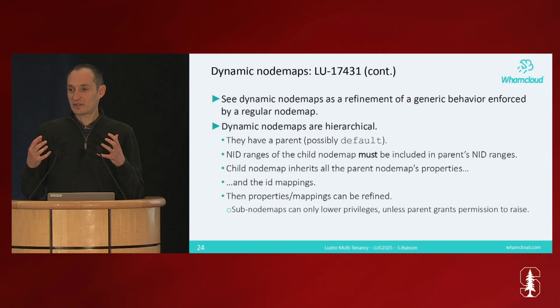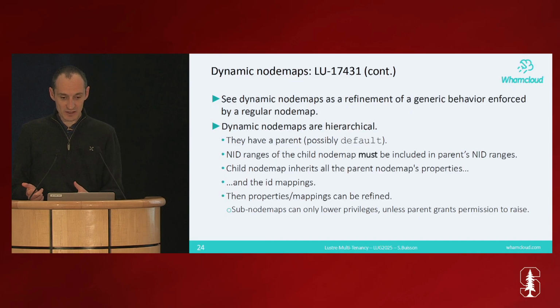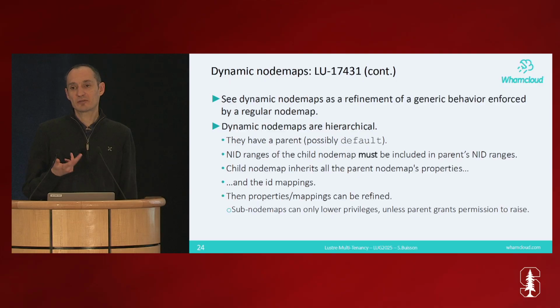In this case, the dynamic node map inherits all the properties from the parent node map, including the identity mappings. And then you can decide to modify the properties of the dynamic node map, presumably only lowering the privileges unless the parent grants the permission to raise privileges.